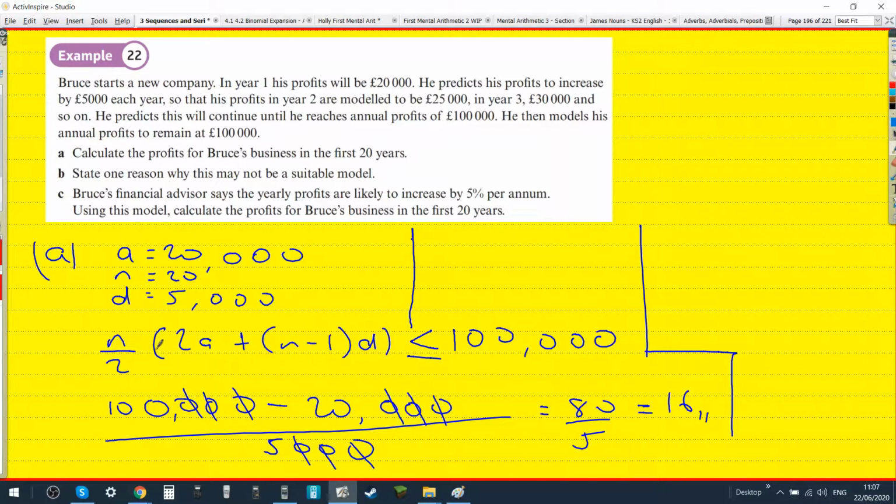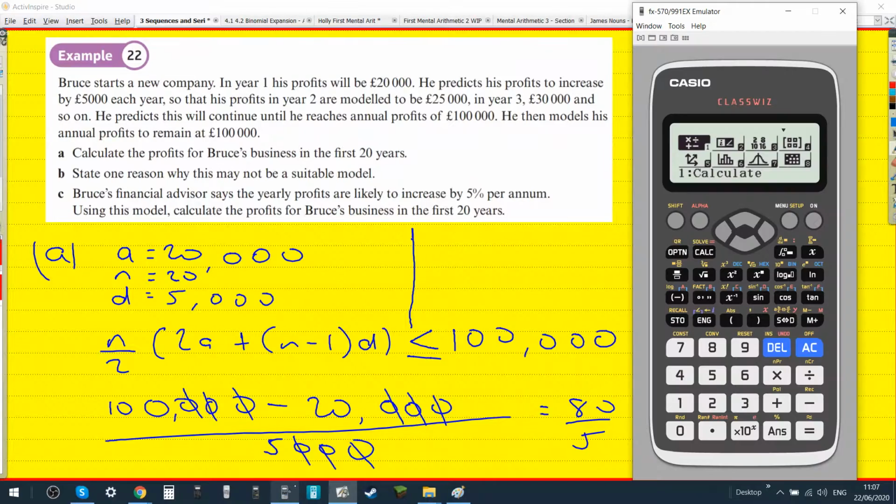So what would it be if n was 16 in our formula? Shall I solve it in full? Yeah, just at 16. Okay, so the first 16 years.